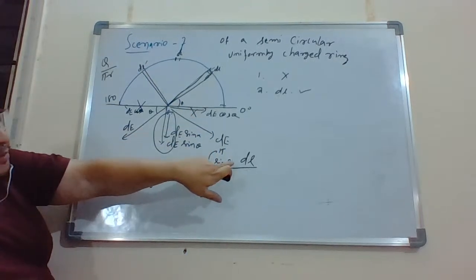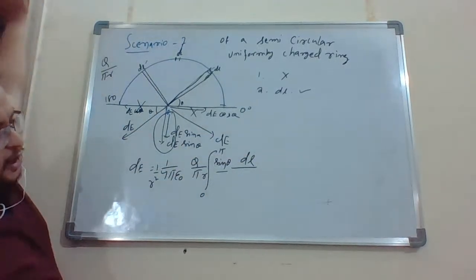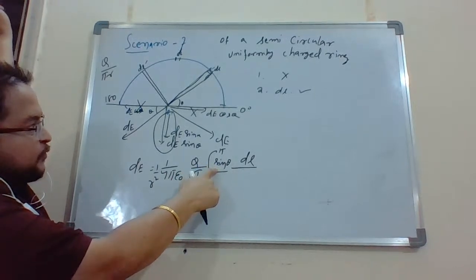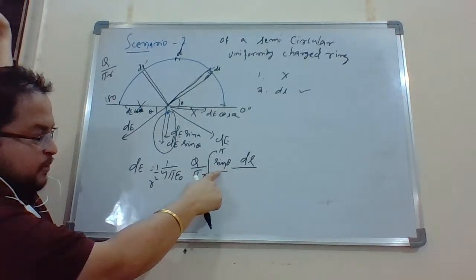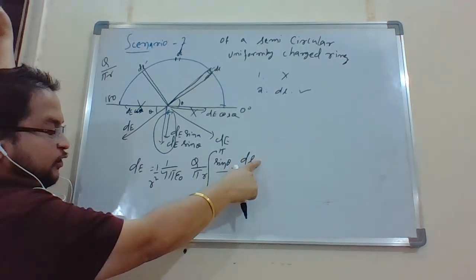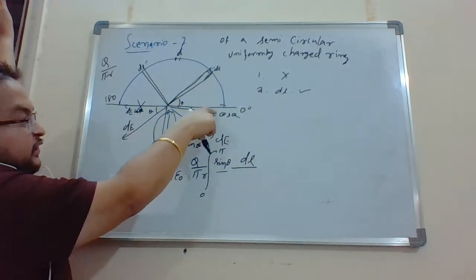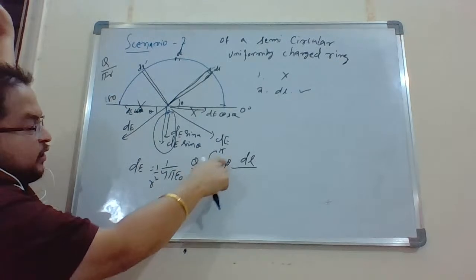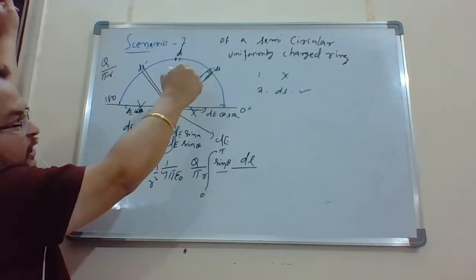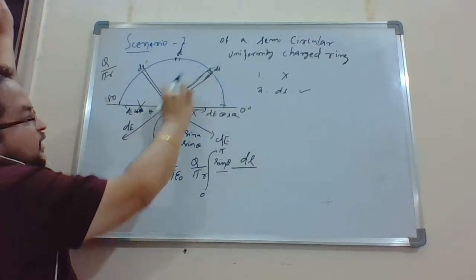Now here is the problem which I was saying. This is in terms of sine theta, so had this been d theta, it would have been very easy. Now you have two choices: either make it in such a way that this thing would be a constant, or express it in terms of dl. Now sine theta, theta is obviously not constant, it's varying from 0 to pi, so I cannot put this directly as a constant. What I can do is use that formula, that theta is nothing but dl by r.